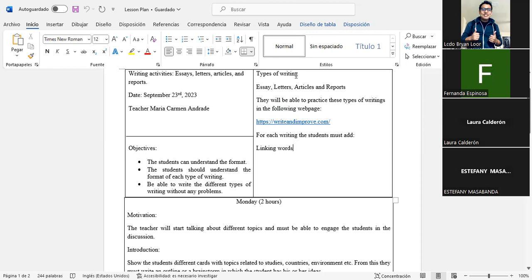So in this part, it's a type of writing. You can put a writing class. They will be able to practice this type of writing in the following page. But for the topic, the letters, articles and reports, you can put the link here, but try to write the details.